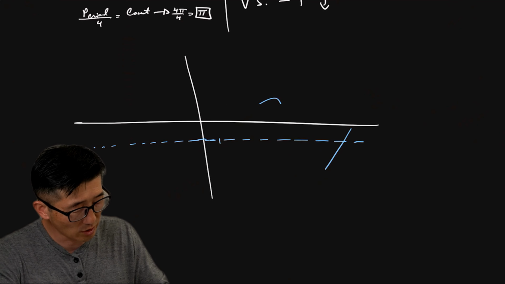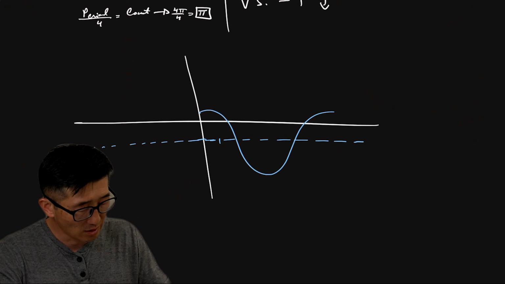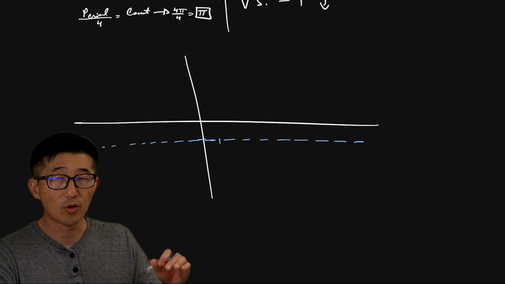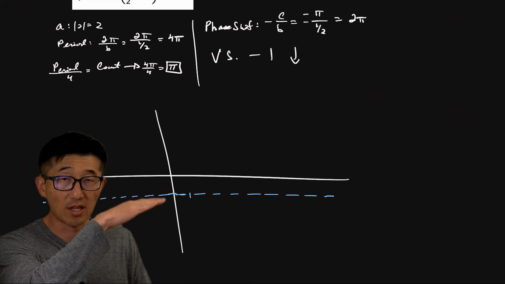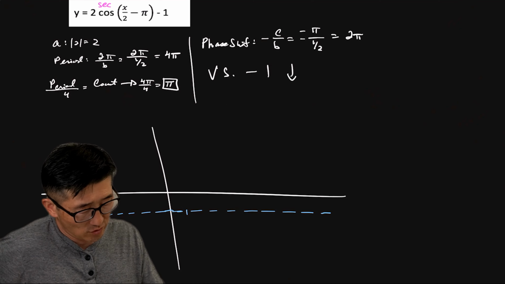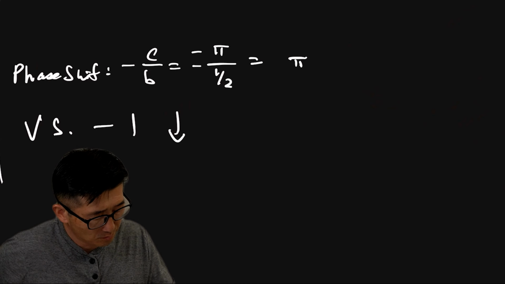Well, this is a cosine graph, so it'll do something like this, and then it just keeps on going. Okay, so we're going to put all of our numbers on this dotted line where we shifted down. The first thing we have to do is figure out where the graph starts. The graph is going to start at 2 pi, right here.